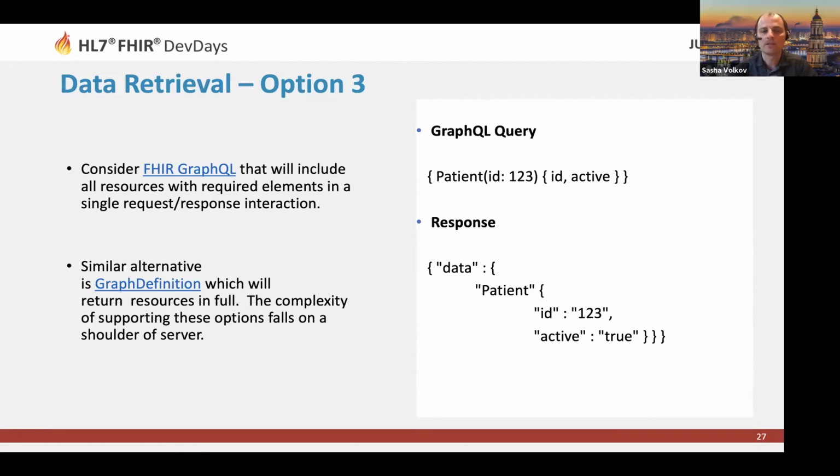For example, in this slide, you see a GraphQL query for the patient with ID 123. You don't want to get the full patient resource, but just two elements, id and active. One problem here is that you don't get a FHIR resource, you get a JSON object with some data, and you need to know how to interpret it.